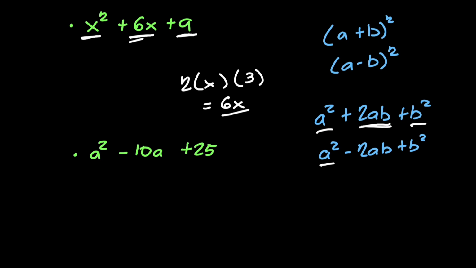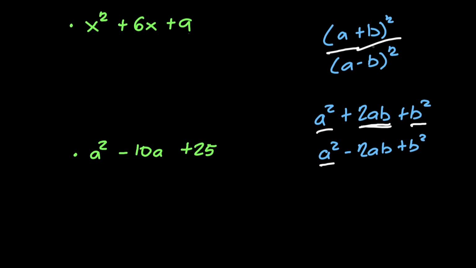And now that we've confirmed that this is a perfect square trinomial, we can use this form of (a + b) squared. So the factored form here would be a, here x, plus b, here 3, and just square this.